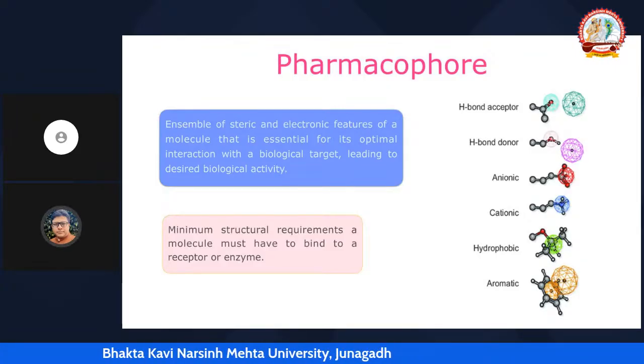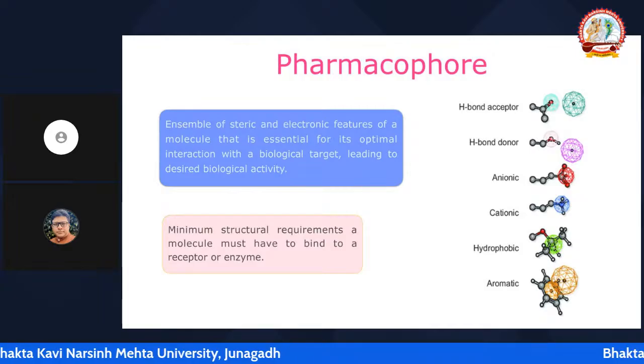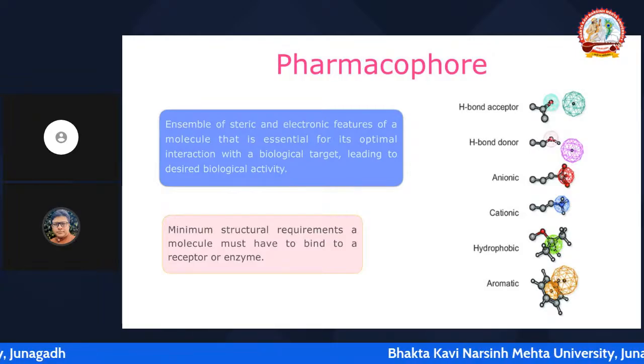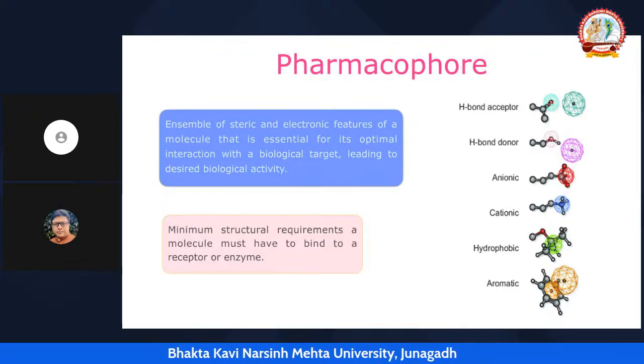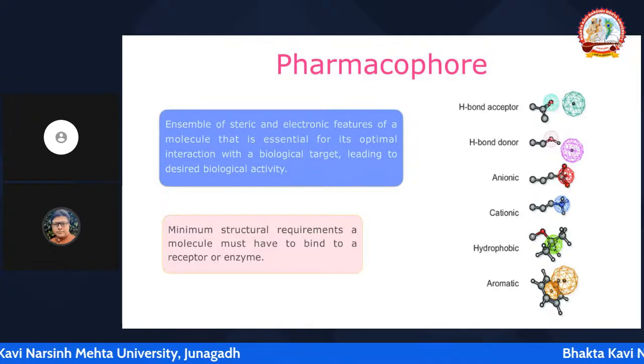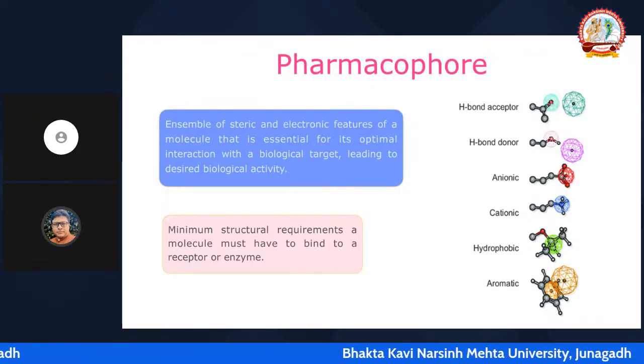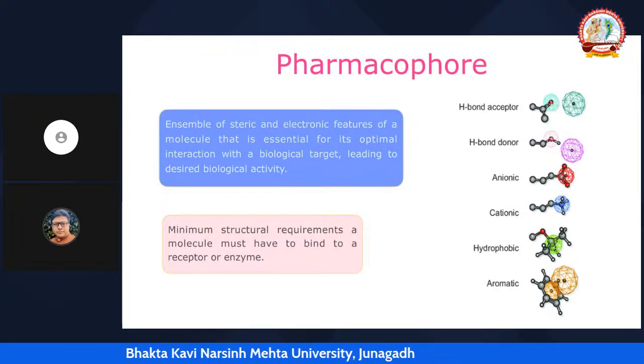The features that form part of a pharmacophore are referred to as pharmacophoric elements, and you can see the listed ones here. They could be aromatic rings, hydrophobic structures, cationic points, anionic sites, donor features, or acceptor features.